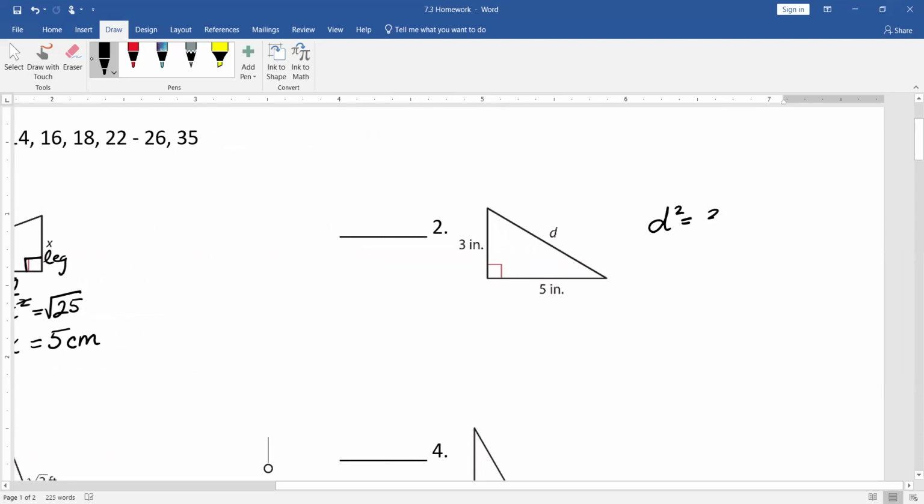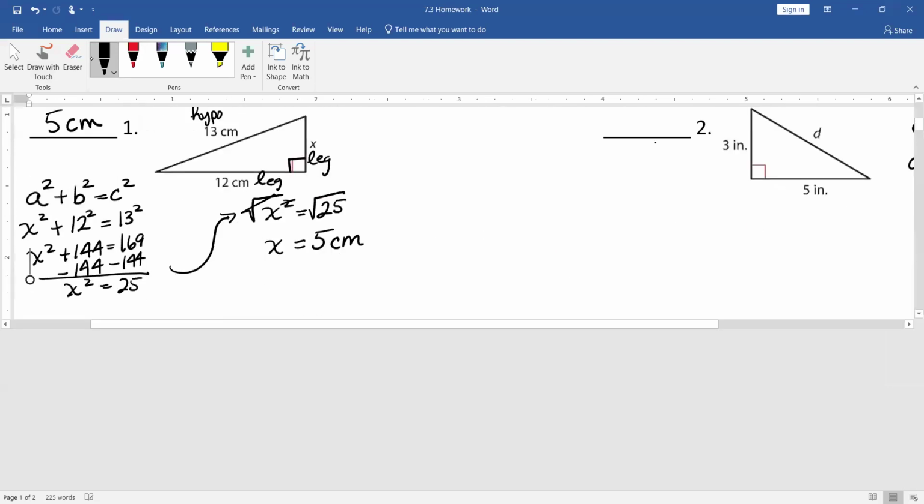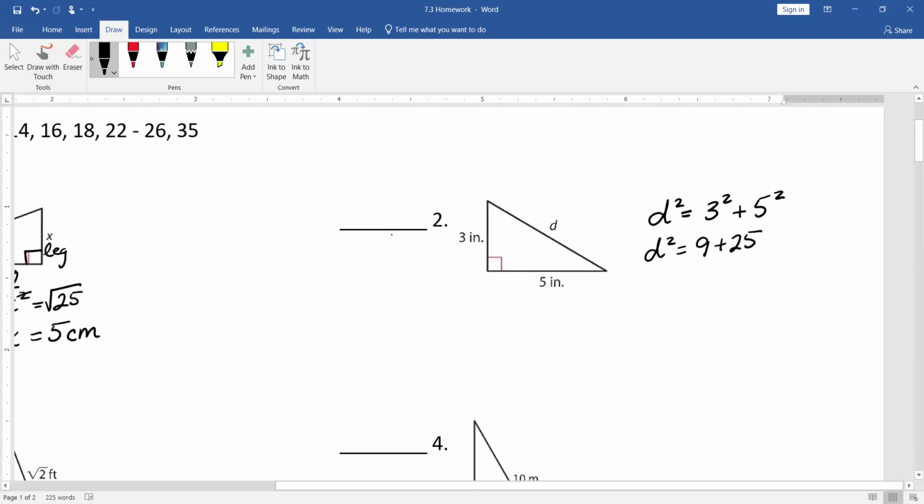D squared equals 3 squared plus 5 squared. So D squared is 9 plus 25. And so we just continue to simplify. That's 34. So now the square root of both sides.